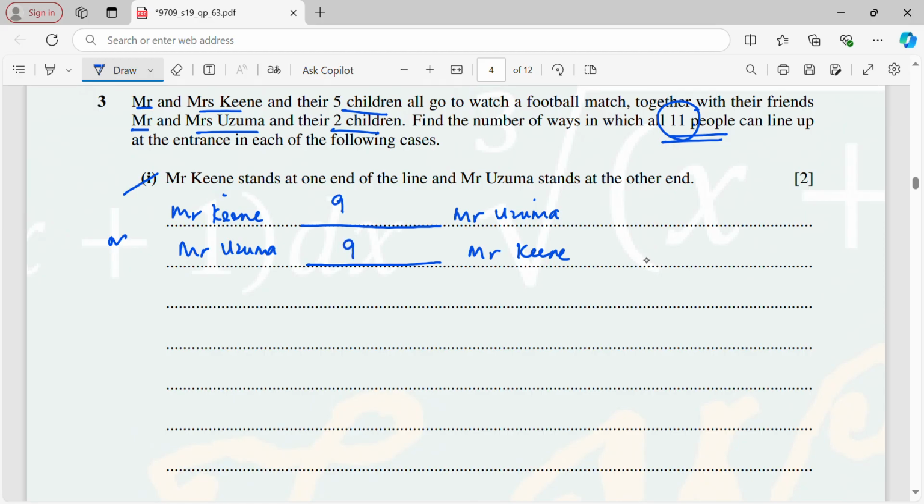So these 2 fathers must be occupying the end seats, the first end and the last end, or the other way around. So we just need to arrange the remaining 9 persons. So the number of ways, this is the arrangements, so it will be 9 factorial. Now since there are 2 ways here, I just multiply by 2, that will be 725760 ways.